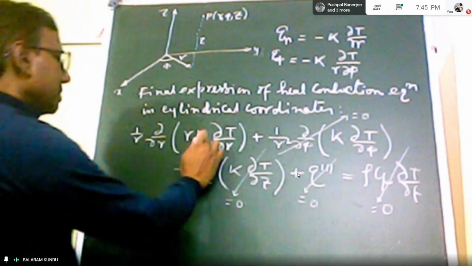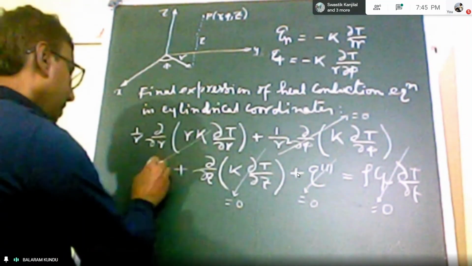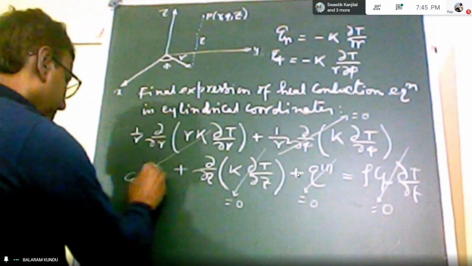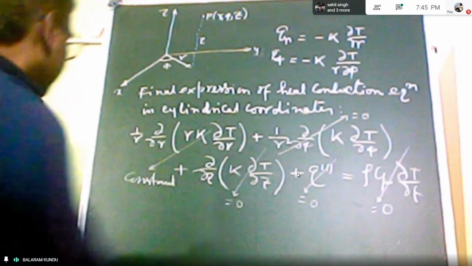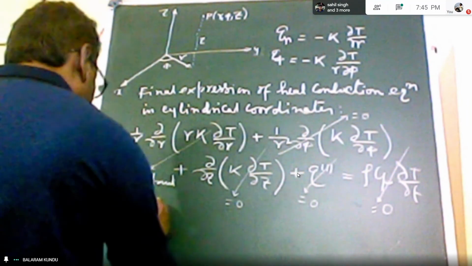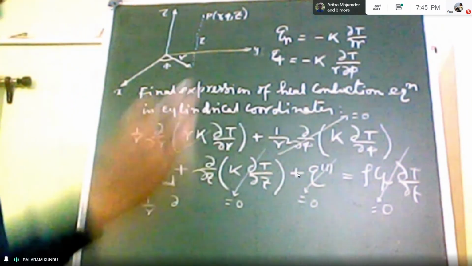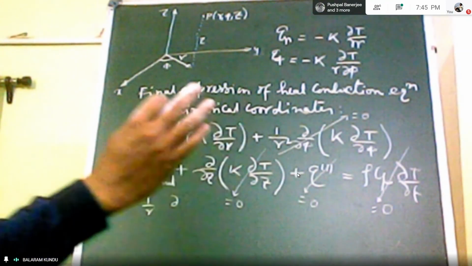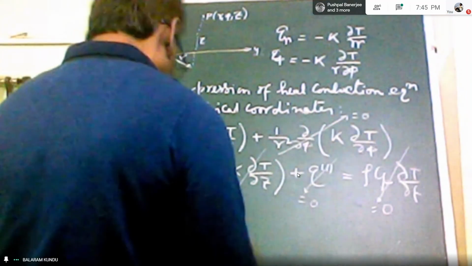So if K is a constant, your expression is 1 by r into del by del r. Now temperature is only a function of r, so we have to replace del by the operator d.